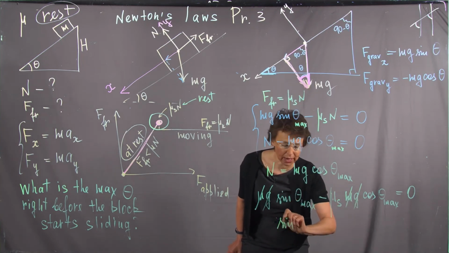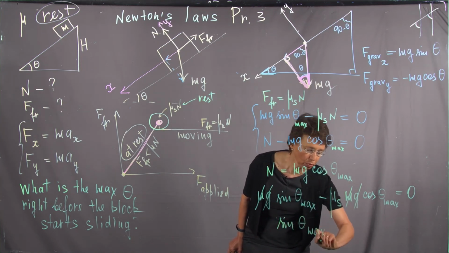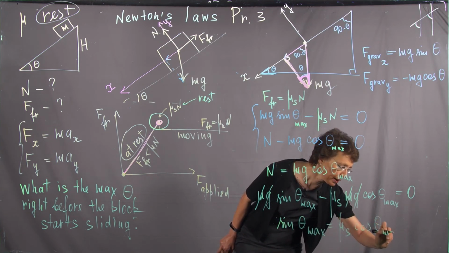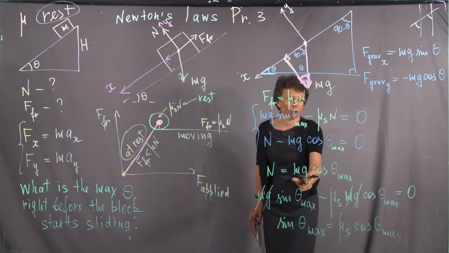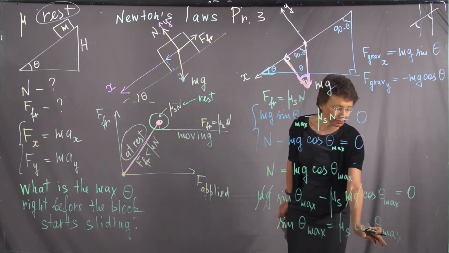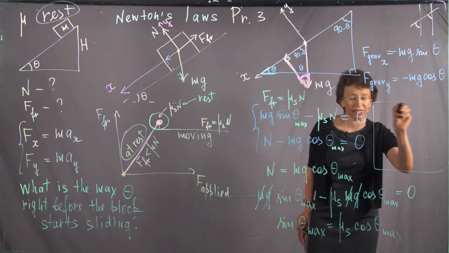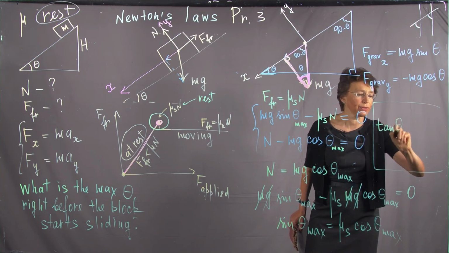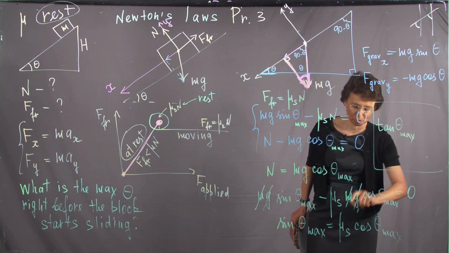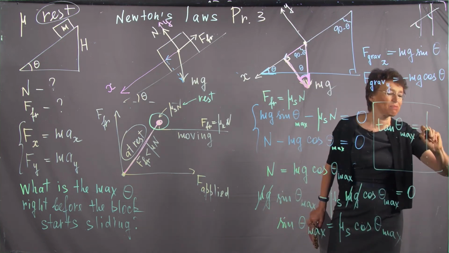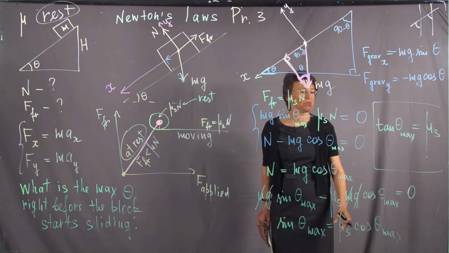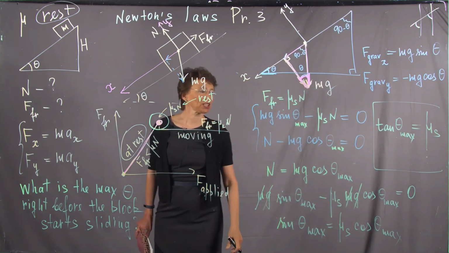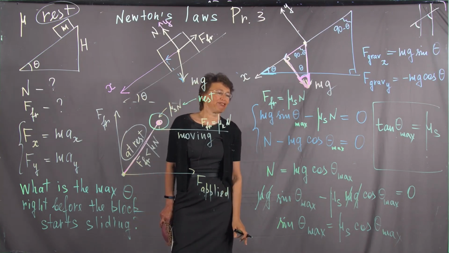Sine theta max is equal to mu static cosine theta maximum, and I will divide both sides of the equation by cosine theta, which brings me to tangent theta on the left. Tangent theta maximum will be equal to mu static. So we found the maximum angle that we can afford right before the block starts moving, and it is equal to the coefficient of friction.